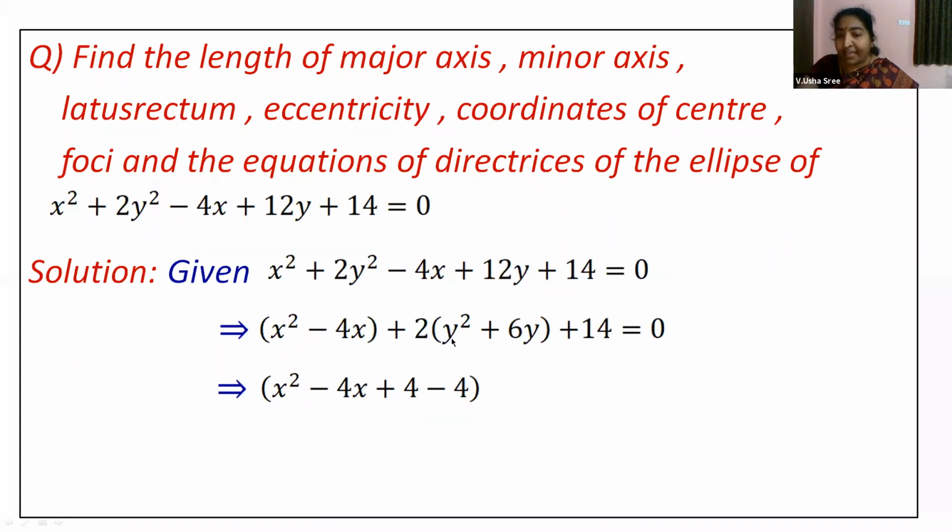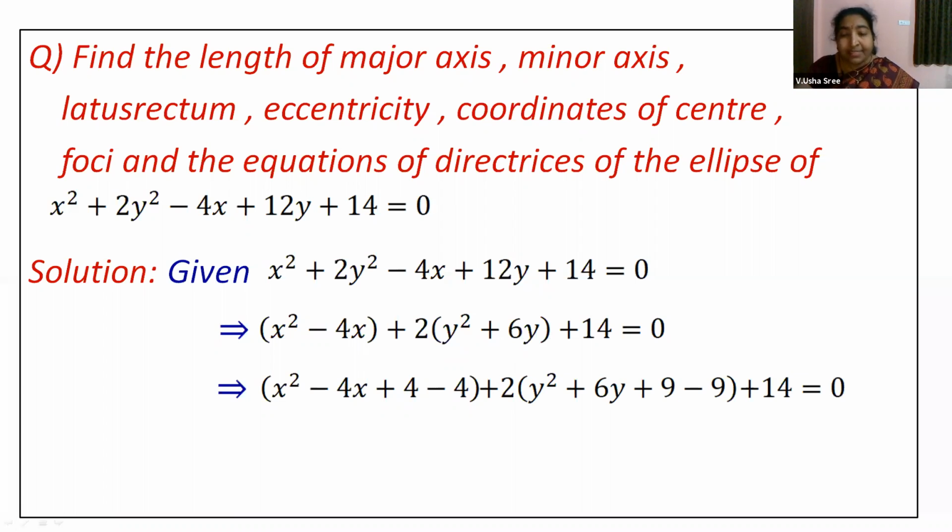It is looking like y whole square plus 2 into y into 3. That means 3 should be your b value. So 3 square, 9 if we add and subtract in the second bracket, we can write it in the form of a plus b or a minus b. Accordingly, whatever values we have, we will write. Plus 14, of course, will be there, which is equal to 0.